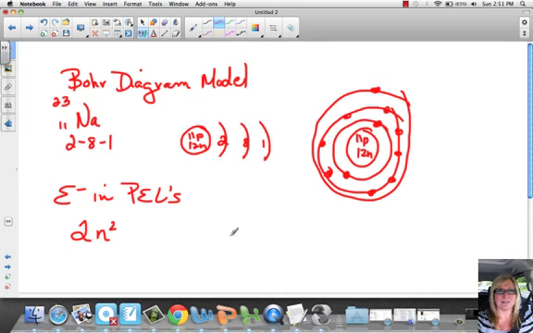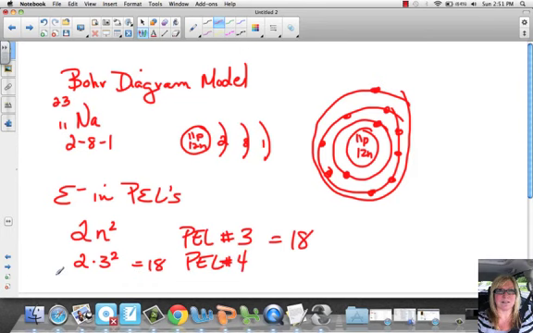So if I'm talking about principal energy level number 3 and I want to know what's the max number of electrons that I can put in principal energy level 3, I do 3 squared, which is 9, times 2, which is 18. So this can hold a max of 18. Principal energy level number 4, I would do 4 squared, which is 16, times 2, which is 32.